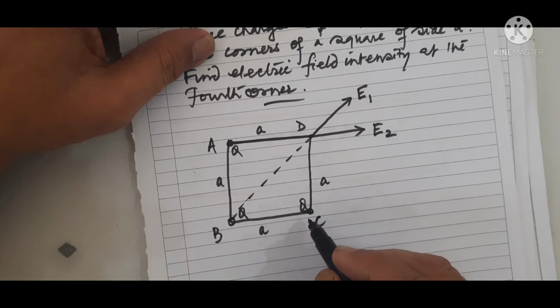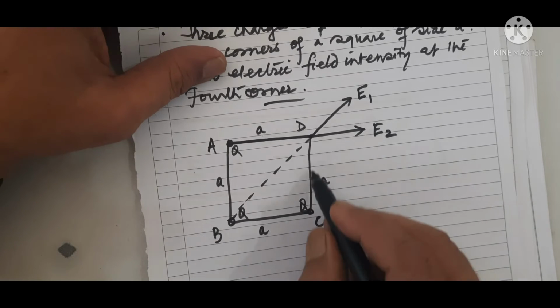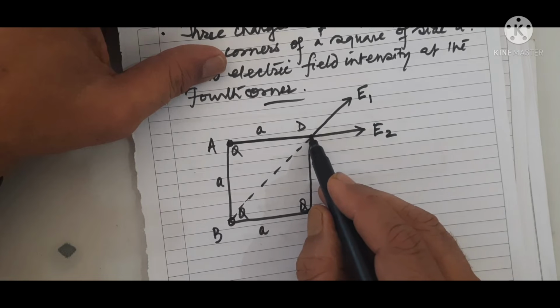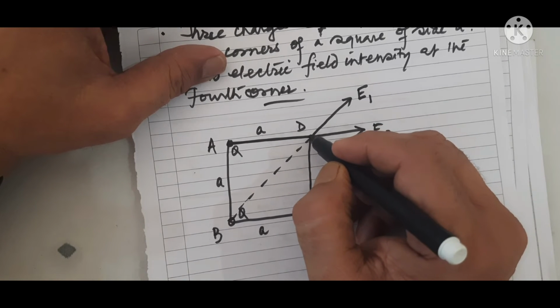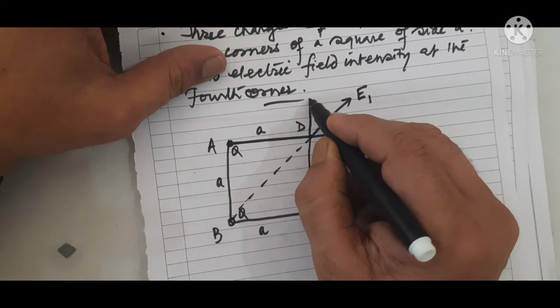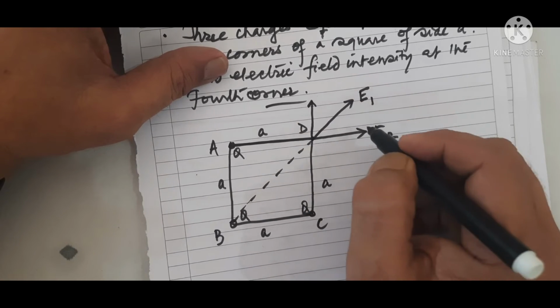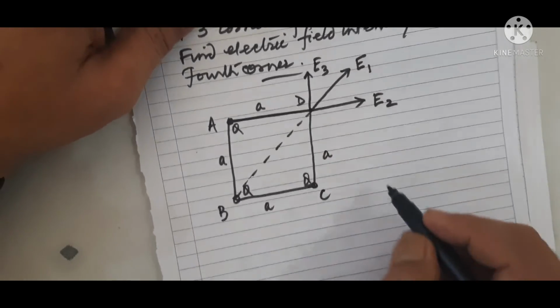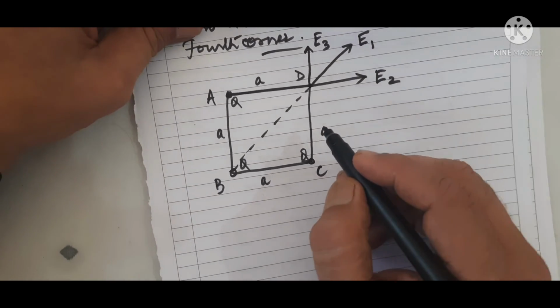And this particular charge is also there. Due to this charge, the electric field intensity at point D is along this. So this is E1, E2, and this is E3. Now we have to find the resultant.